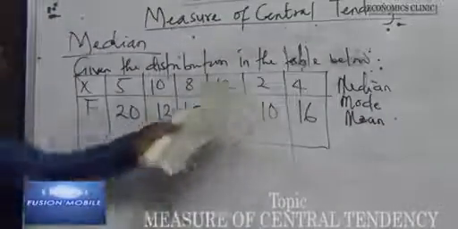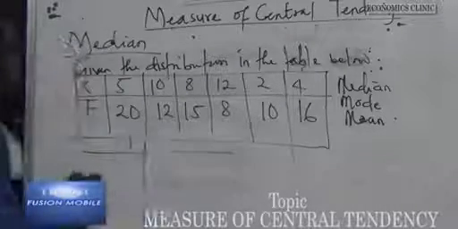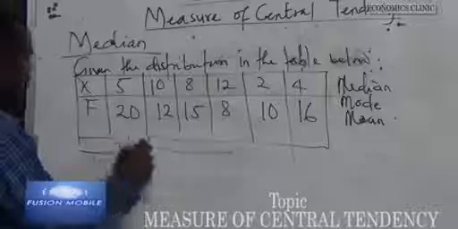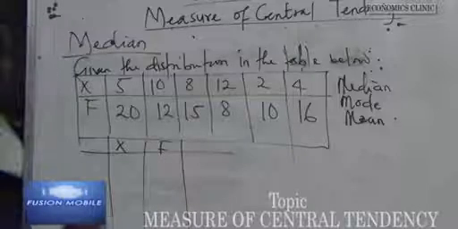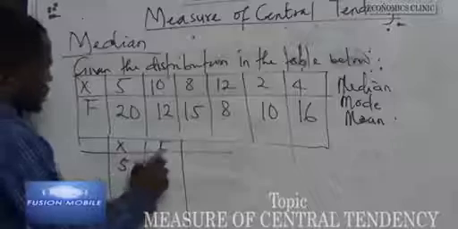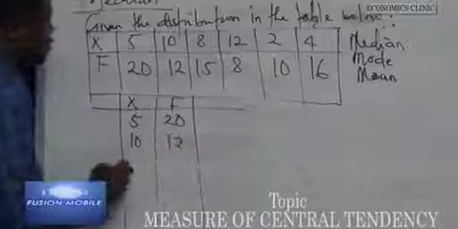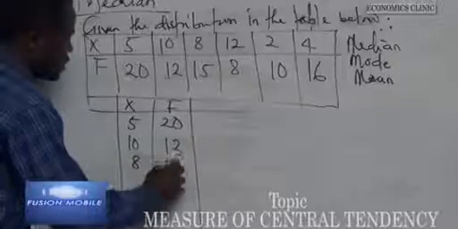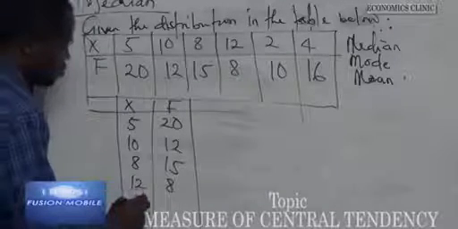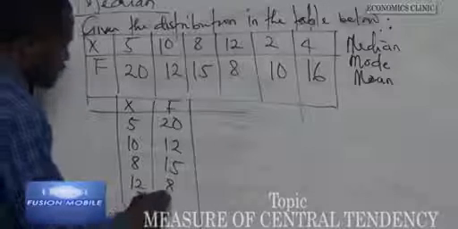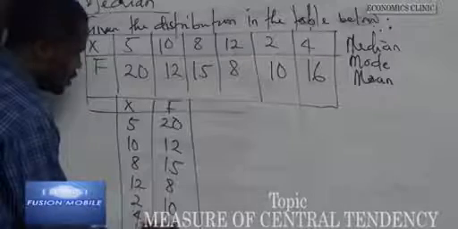Now to look for median here, what we need to do is to prepare another table, a straight table, where we have X and F. We have 5, 20. We have 10, 12, 8, 15, 12, 8, 2, 10, and 4, 16.